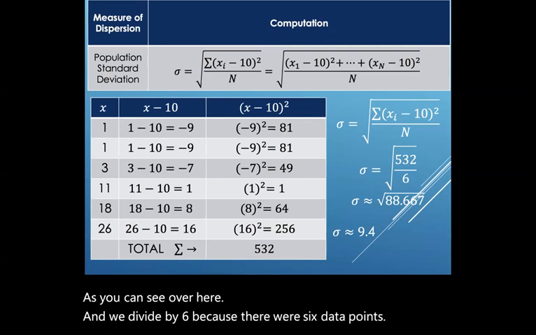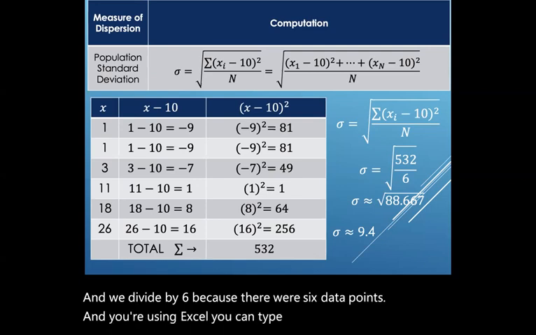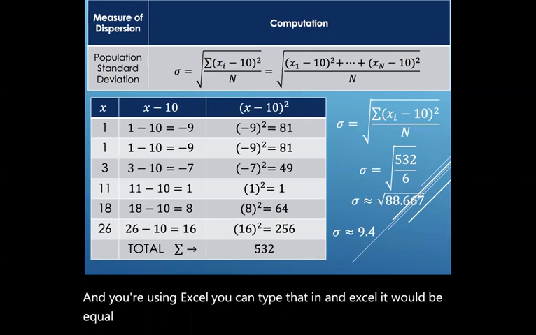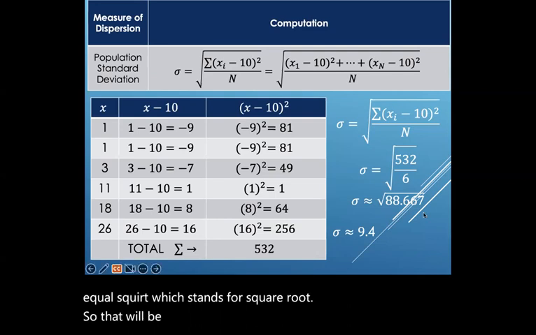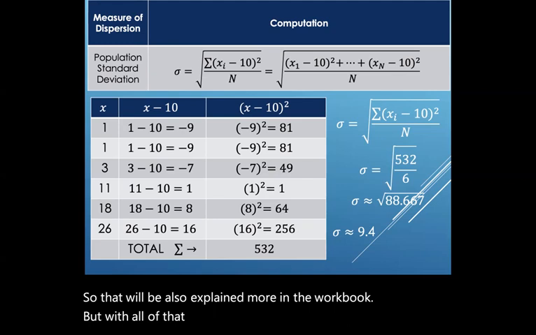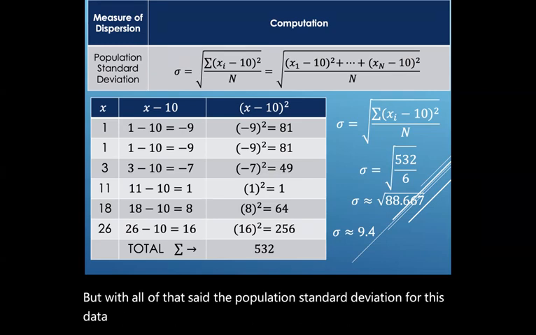And now using Excel, you can type that in. In Excel, it would be equal SQRT, which stands for square root. So that will be also explained more in the workbook. But with all of that said, the population standard deviation for this data set is 9.4.